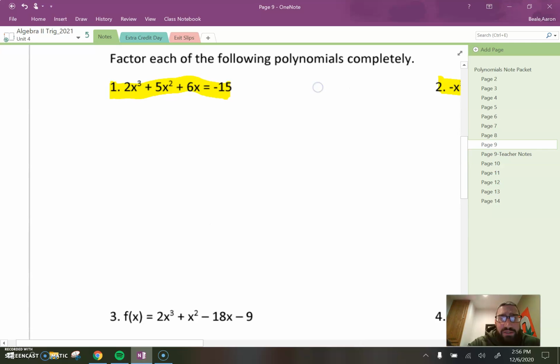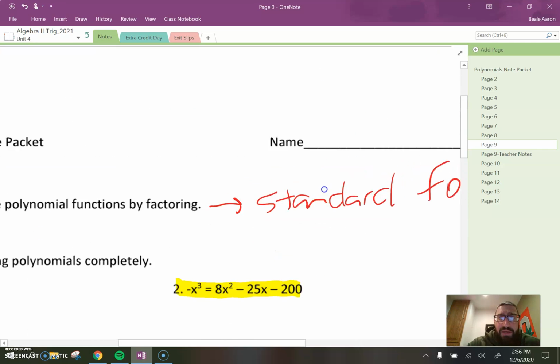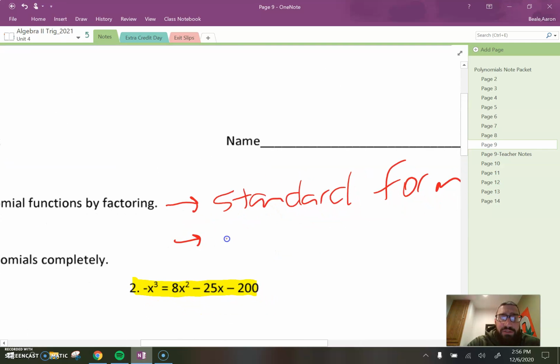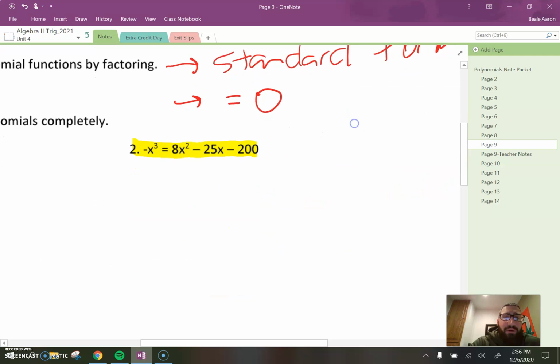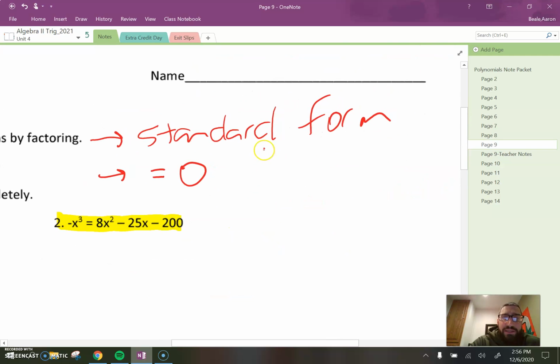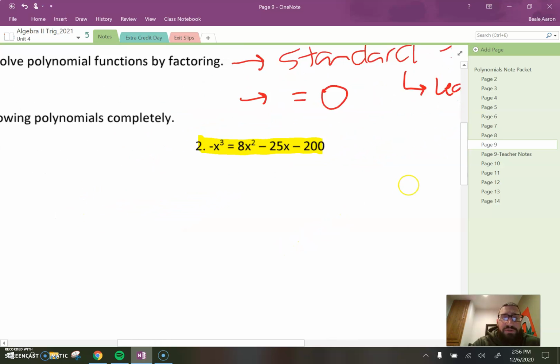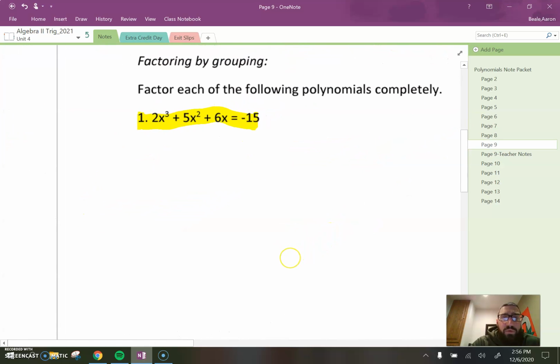What I mentioned about starting is making sure that you're in standard form, making sure that you're equal to 0. And the other thing, the thing that you'll see me do, like it'll pop up with number 2, is your leading term. I would make that leading term positive. If you can do that, it will save yourself some trouble. So let's take a look here. We know that this is the highest degree, so that has to come first.